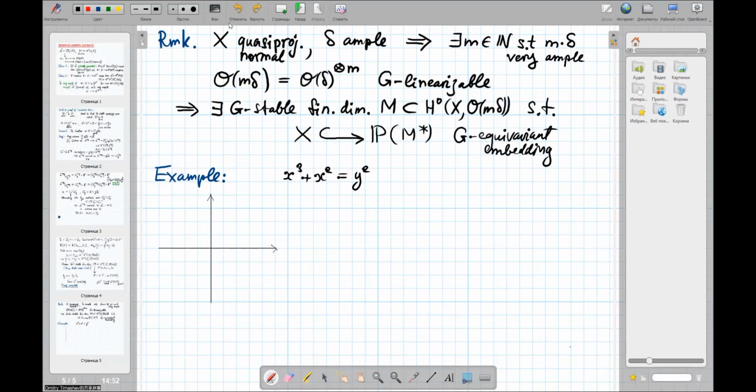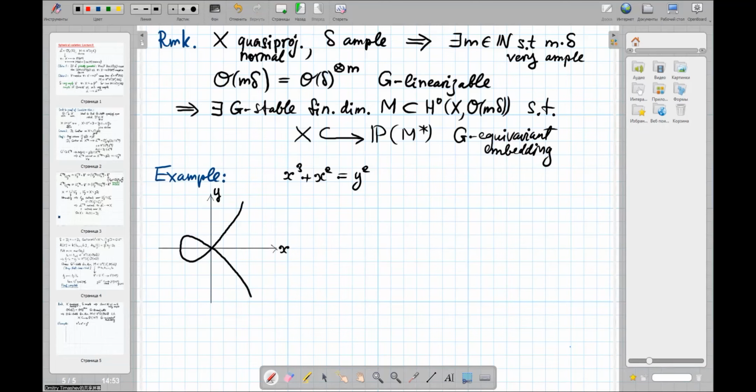We have x here, and we have y here. And this curve given by this equation looks like this. Let me try to draw it accurately. It's not as easy. Something like this.